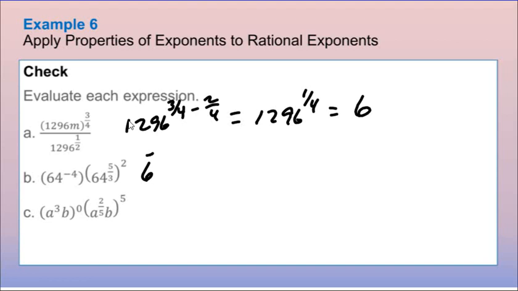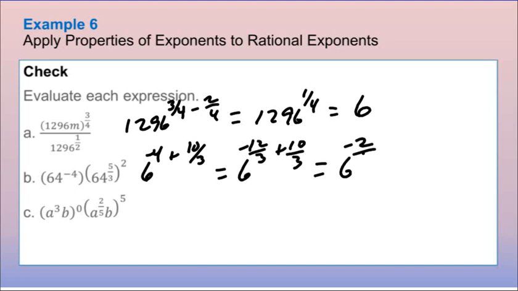Next one, 6 to the negative 4th plus 10/3, which is the same thing as saying 6 to the negative 12/3 plus 10/3 will give us 6 to the negative 2/3, which will give us 1 over 6 to the 2/3.